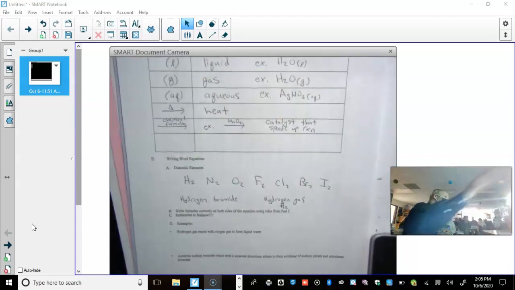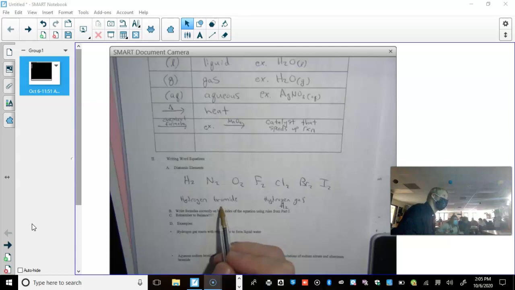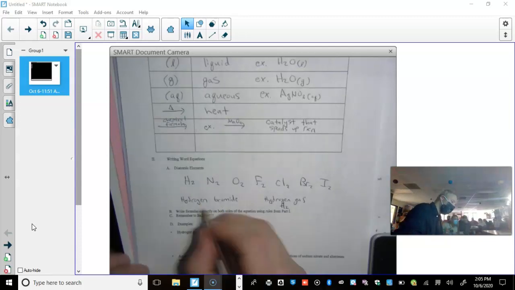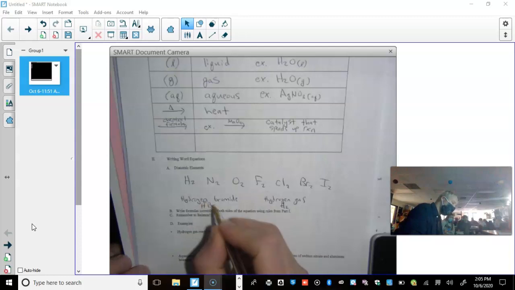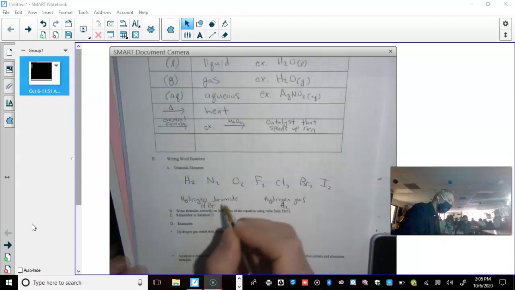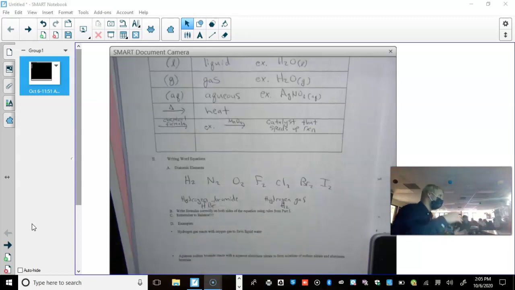But hydrogen bromide, it's not going to be H2Br. I got to go back to my naming. I got hydrogen, I got Br. Hydrogen's +1. Bromine's -1. And it's balanced. 1 H, 1 Br, HBr. So the only time it's going to be H2 is if it's by itself, hydrogen gas.